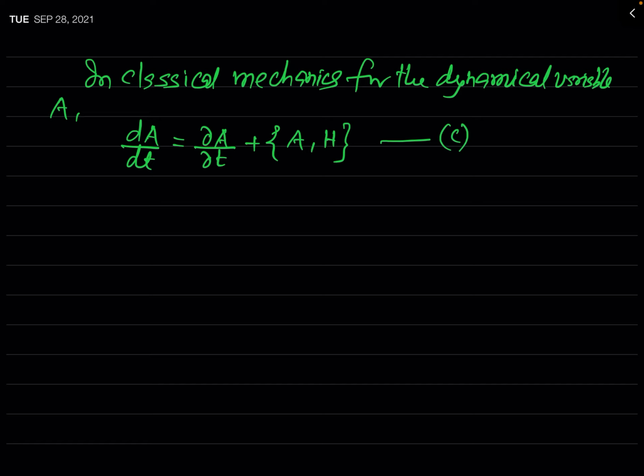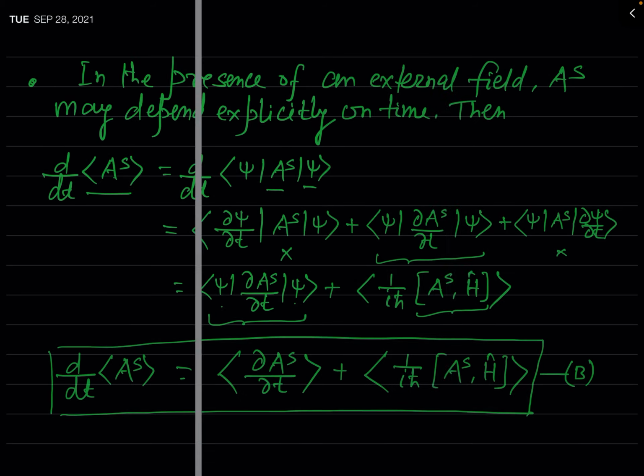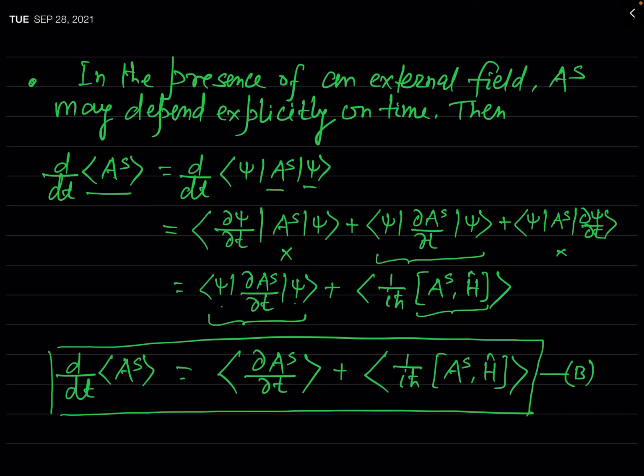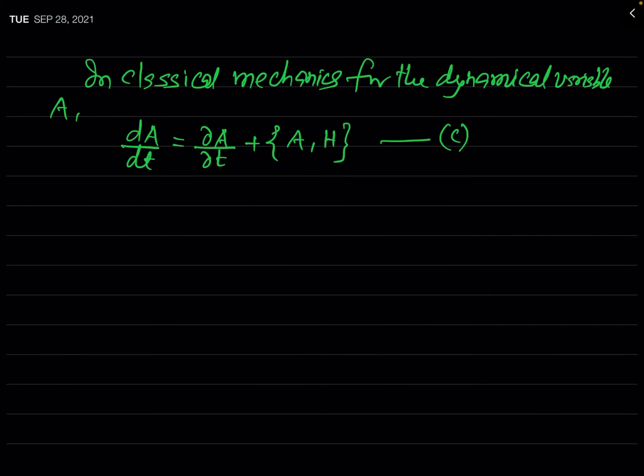You can say, provided we identify the commutator bracket divided by i h bar with the quantum mechanical Poisson bracket. In fact, in the place of this, this is the Poisson bracket of A and H. I have discussed these things in the introductory lecture.